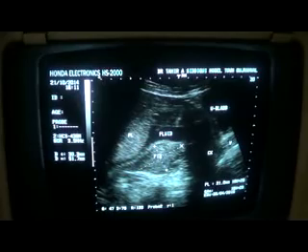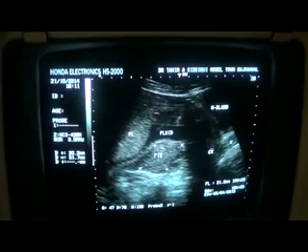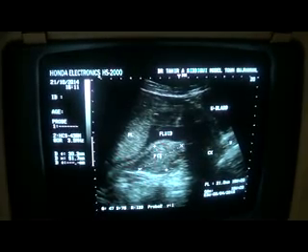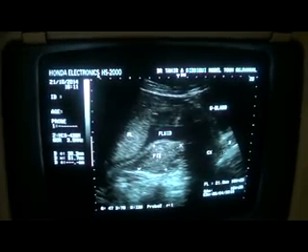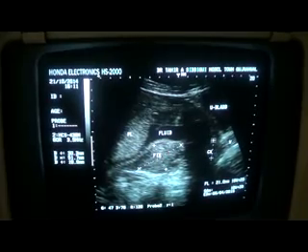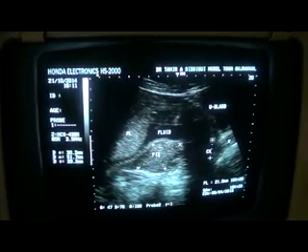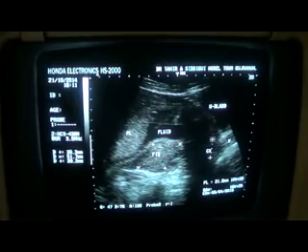fluid. You see, this is the cervical area. We can see the vagina, but as such the cervix is not seen. It is dilated up to approximately 20 mm. Or you can say that the cervical canal is dilated up to 20 mm.